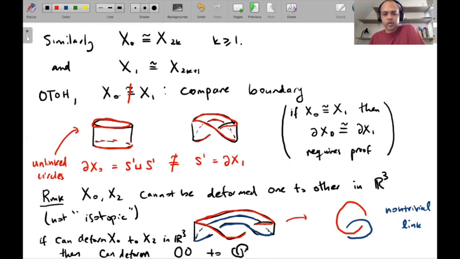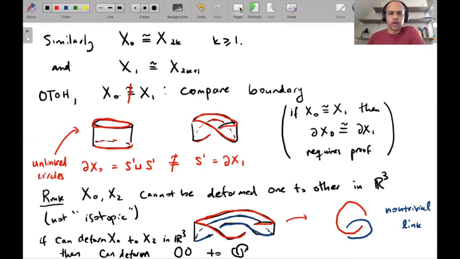And, well, if you just had a physical link, you would probably be quite convinced that you can't deform this one to the other. Of course, mathematically, this requires some proof, which eventually we'll be able to give. But right now we're working a little bit on intuition.